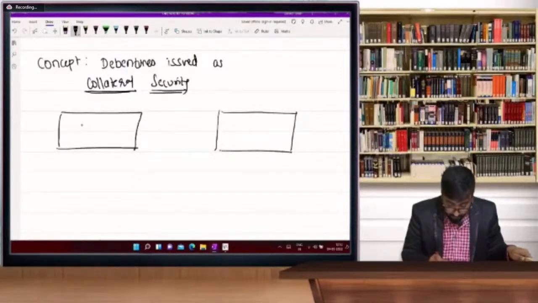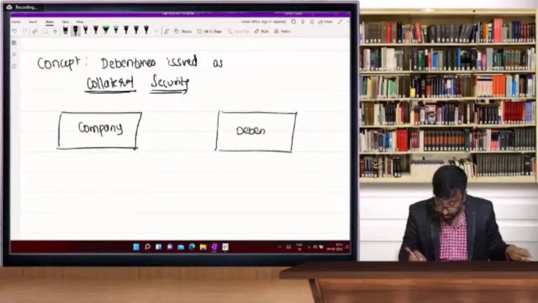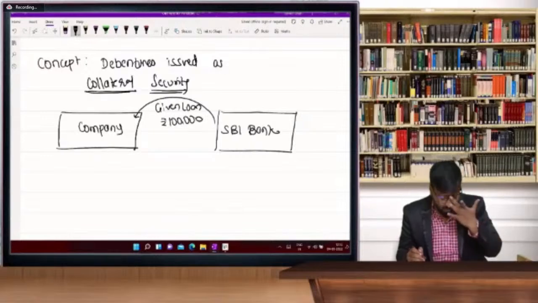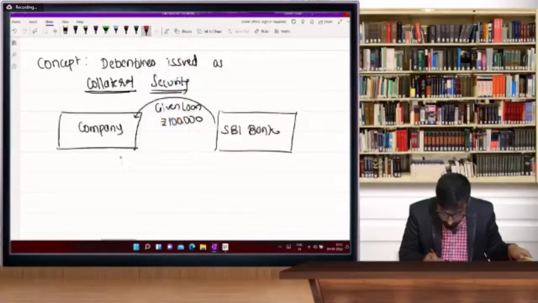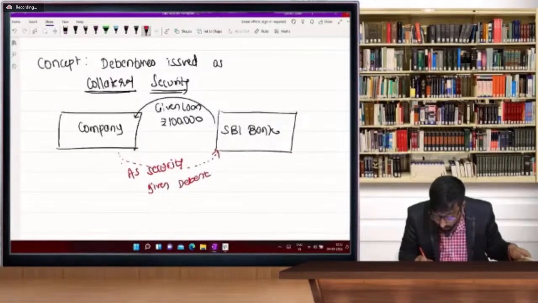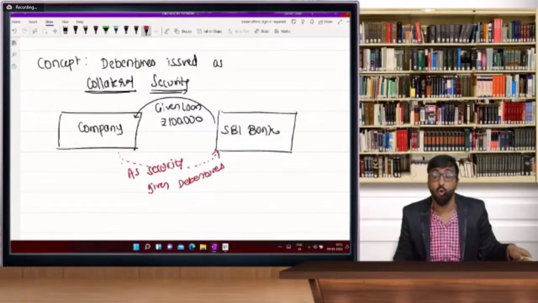See, this is a company, and debentures. Sorry. This is SBI bank. SBI bank has given a loan of rupees 1 lakh. And see, as a security, we have given debentures, like your house in a home loan, our house is on stake. So it is like our security.